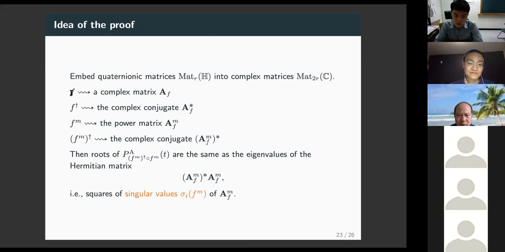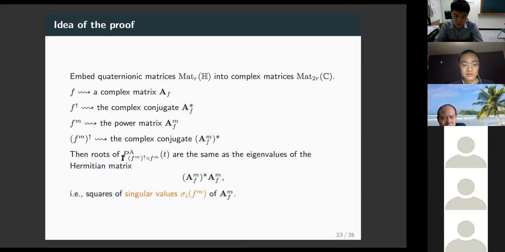Then our original endomorphism F will correspond to a complex matrix A_F. Then the resulting evolution corresponds to the complex conjugate, and F to the m is a power matrix A_F to the n. The resulting evolution of F to the m is a conjugate of this power matrix.